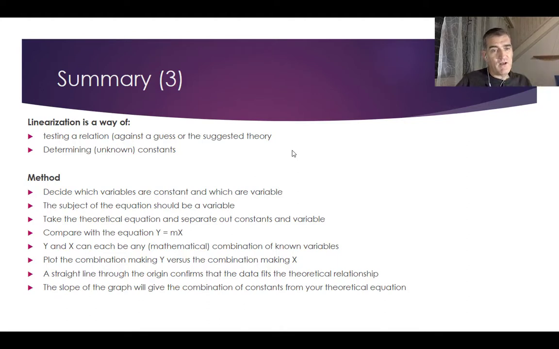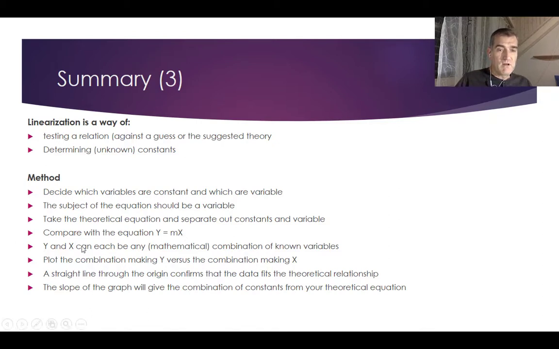We take the theoretical equation and separate out, on the right-hand side, the constants and the variables. We then compare with the equation y equals mx, because we should find that we can write some physical quantity, squared or 1 divided by whatever y happens to be, as equal to a constant times whatever x happens to be. So x could be some combination of variables, as long as we can measure them.